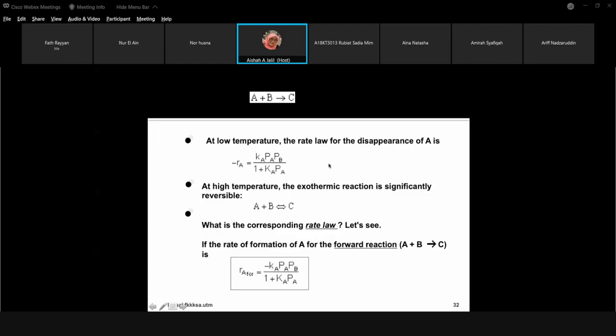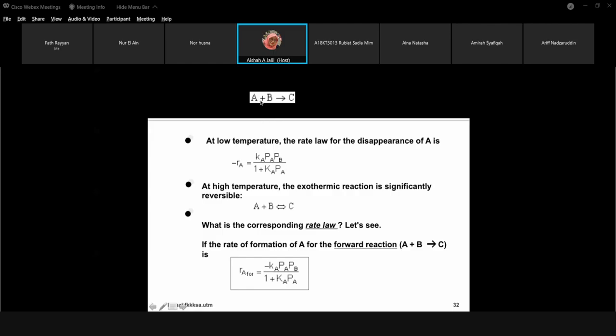Lastly, they found that the rate law for the disappearance of A is like this. Okay, negative RA equal KA PA PB over 1 plus KA PA. This is in chapter 10, okay, if you derive you can get something like this, okay, the rate law.